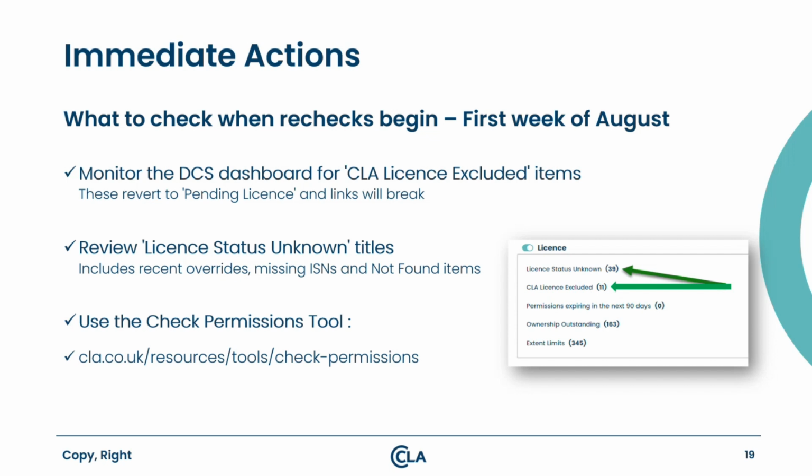Secondly, reviewing license status unknown titles. These include recent overrides, missing ISNs or not found items. And most importantly, use the check permissions tool on the CLA website to confirm the status of titles. These checks help you catch any issues early on and avoid disruptions for students.